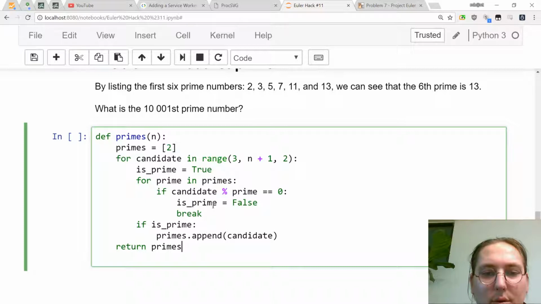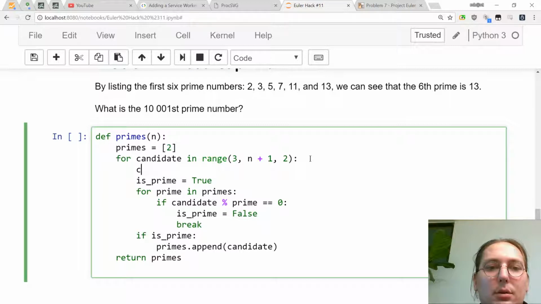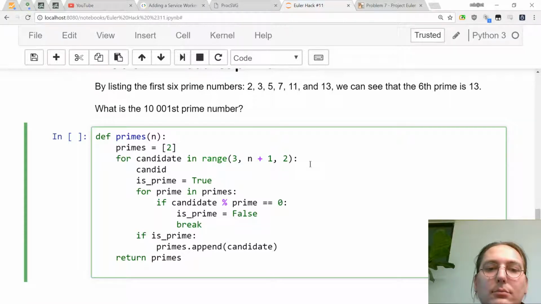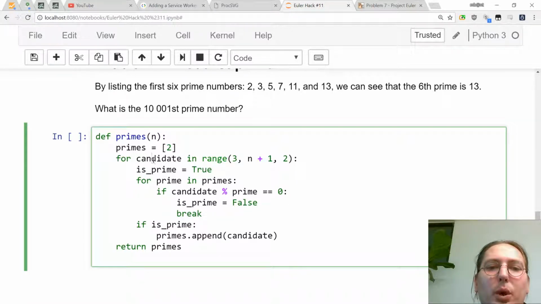Maybe we can only go up to the square root. Right. Here you mean, right? The square root of the candidate. No, the square root of n plus 1. Well, it depends on how you define it.